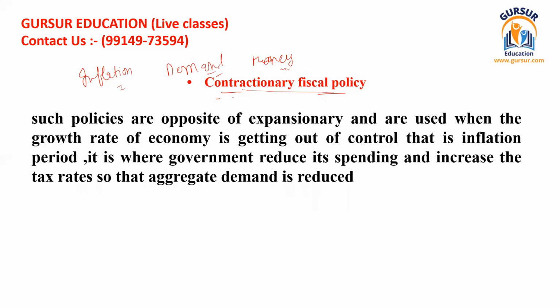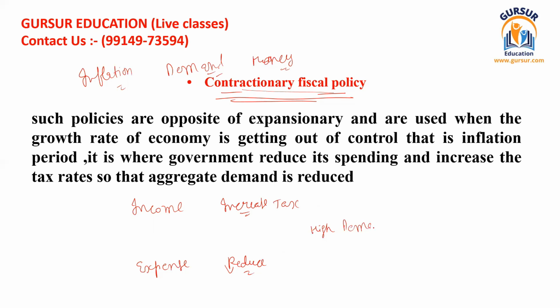The government brings about the contractionary fiscal policy, in which again the government manipulates its income and its expenses. It reduces its expenses and increases its income by means of taxes and by means of expenditure in public development. So that happens in case of high inflation or high demand.